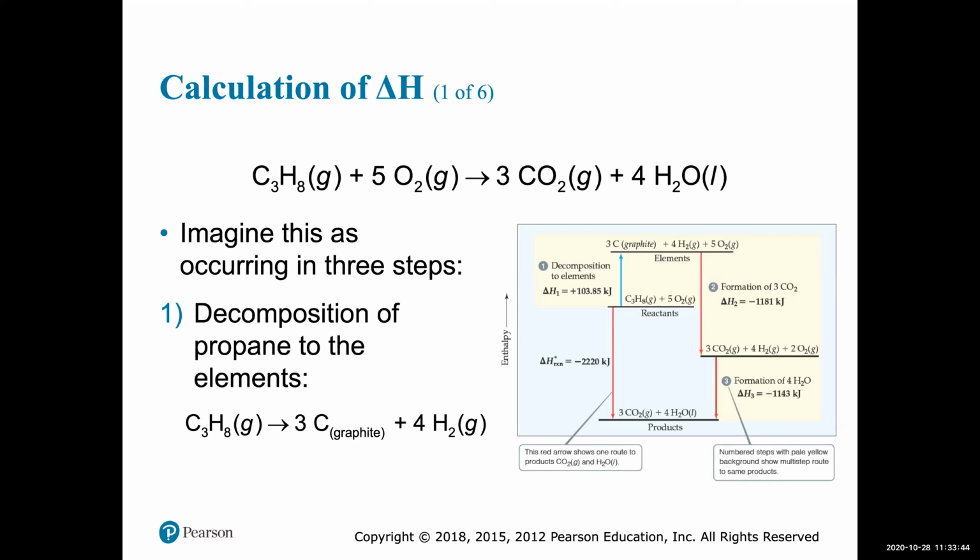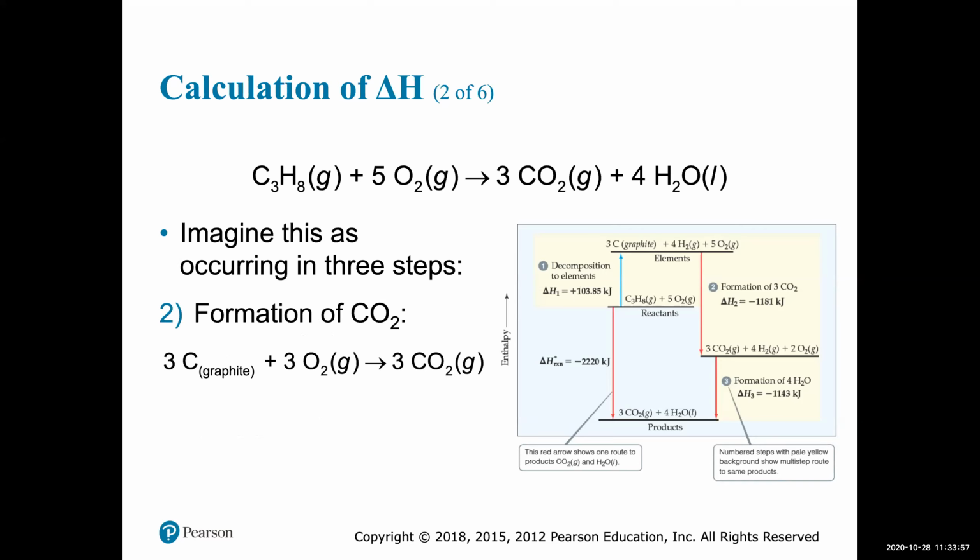So here we have decomposition of propane, propane going to graphite and hydrogen. We know a delta H value for that. Then we have the formation of CO2, so we have graphite plus oxygen going to CO2.